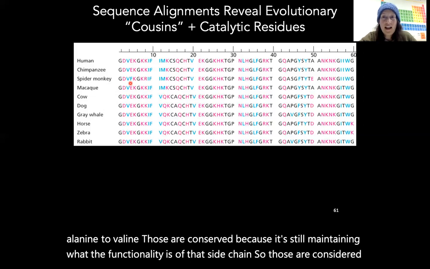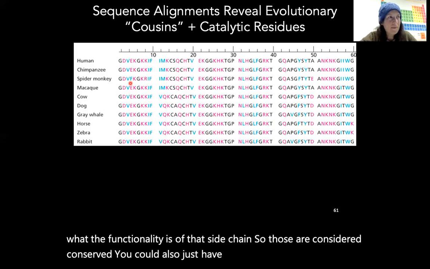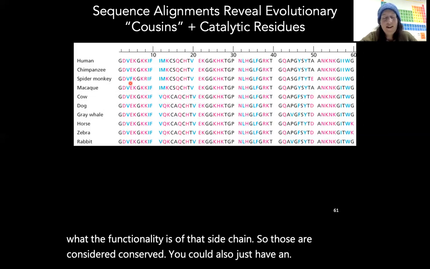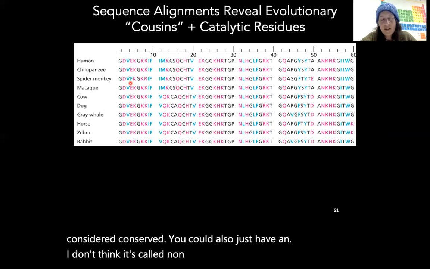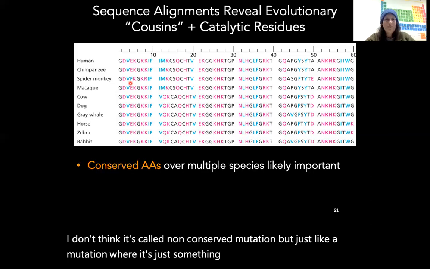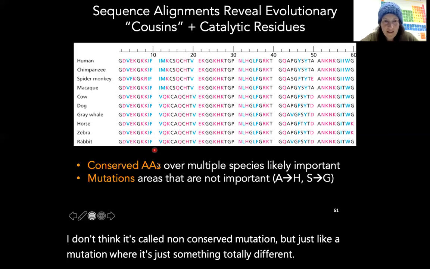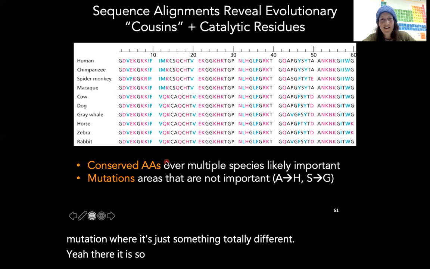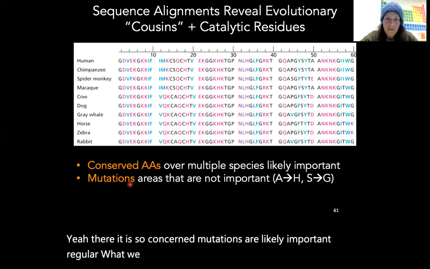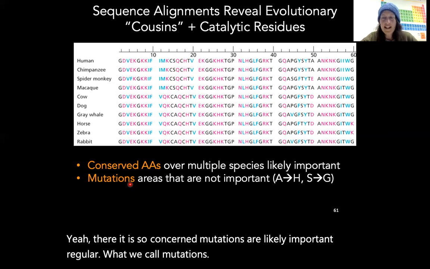You could also just have, I don't think it's called a non-conserved mutation, but just a mutation where it's something totally different. Oh yeah, there it is. So conserved mutations are likely important. Regular, what we call mutations, are areas that tend to be not important.